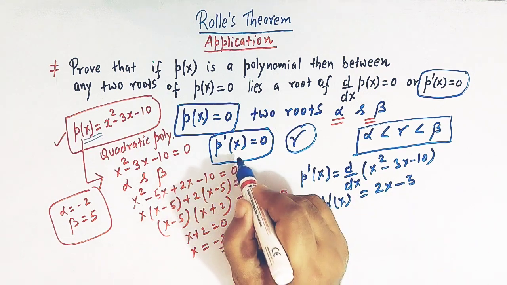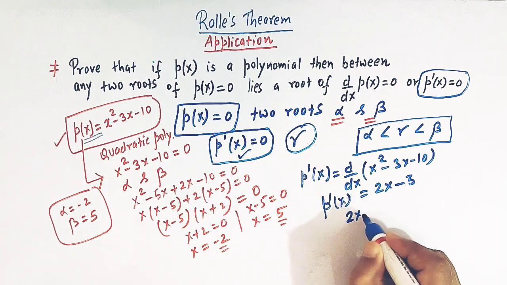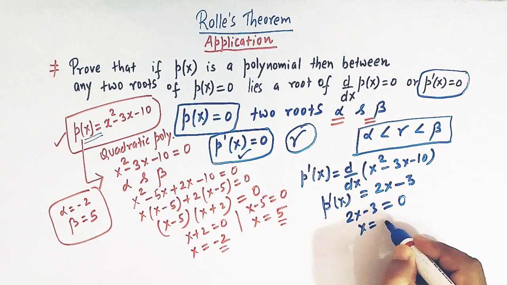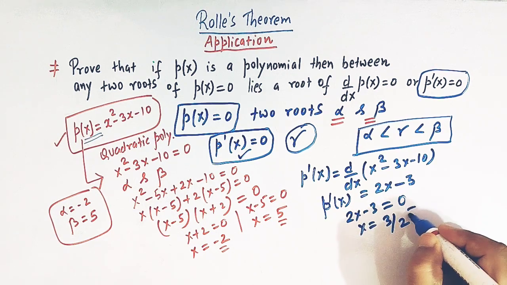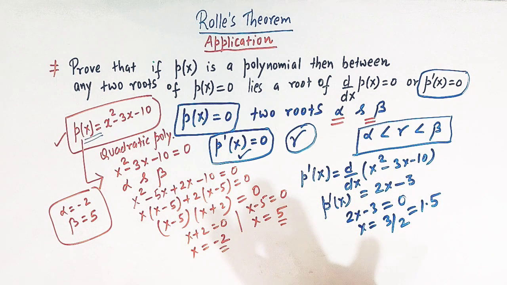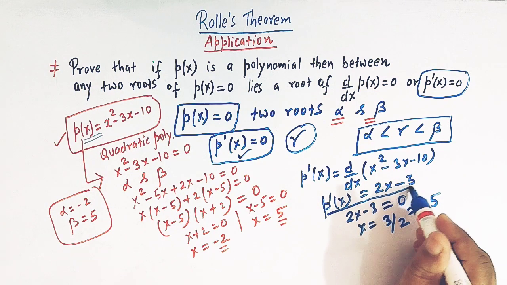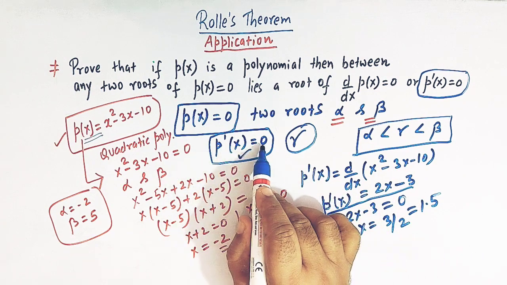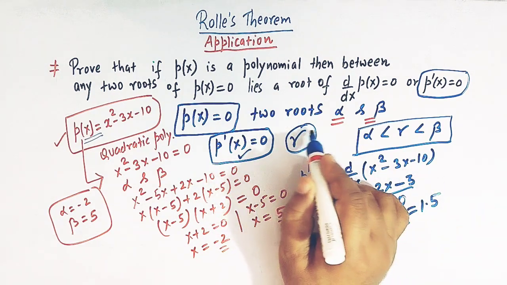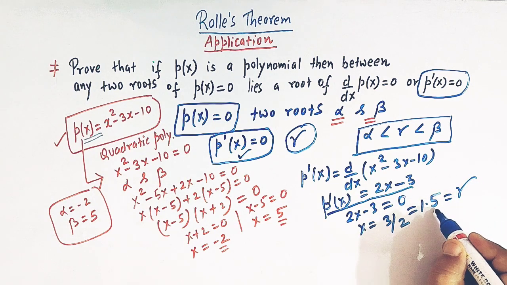So let us form this equation, that is p prime of x is equal to 0. So we have 2x minus 3 is equal to 0, so x is 3 over 2, that is equal to 1.5, right? So the root of this equation, that is p prime of x is equal to 0, is 1.5, so the value of gamma is equal to 1.5, right?